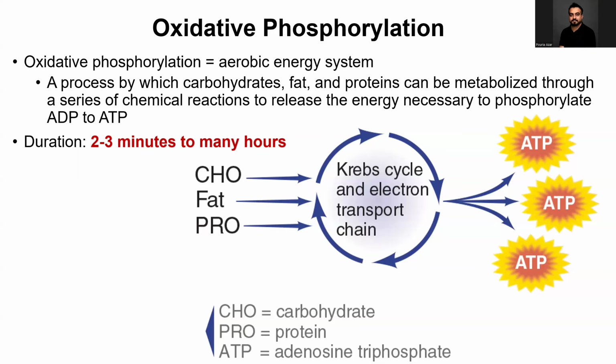But the Krebs cycle and oxidative phosphorylation is more than 30 chemical steps, so it takes time. But we can use oxidative phosphorylation for long and low intensity exercises. So the duration is 2 or 3 minutes to many hours.